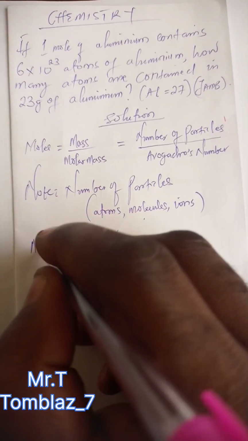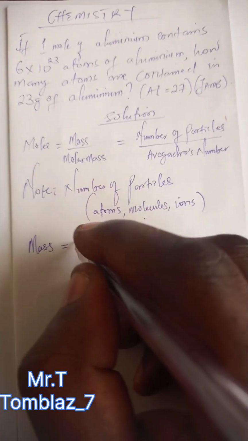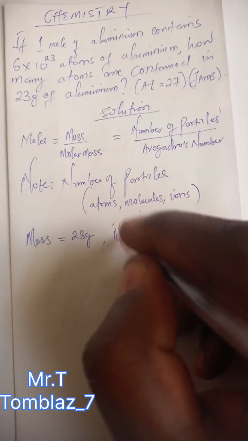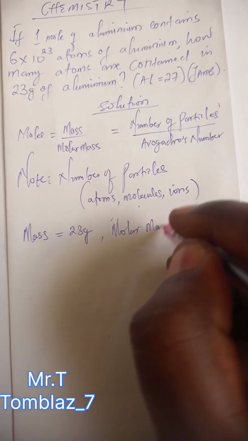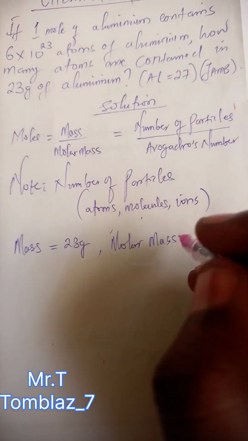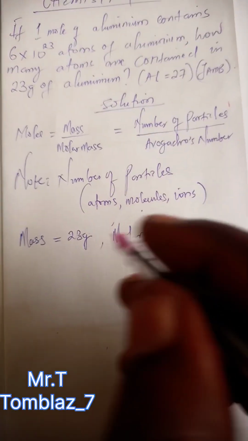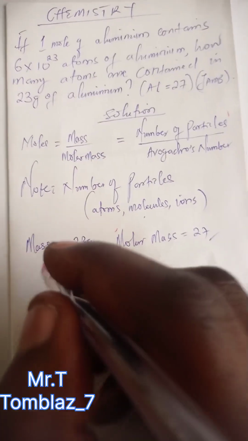The mass that is given of aluminium is 23 grams, right? Then the molar mass that is given is what? 27. This one is a constant. We should always know this. And then Avogadro's number.